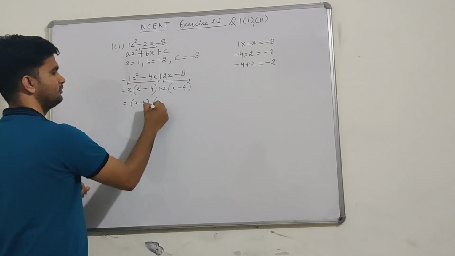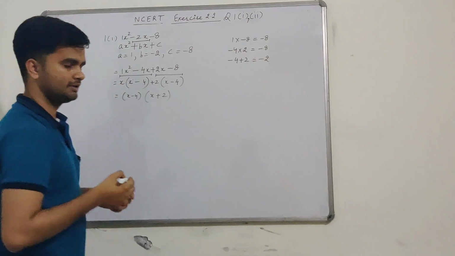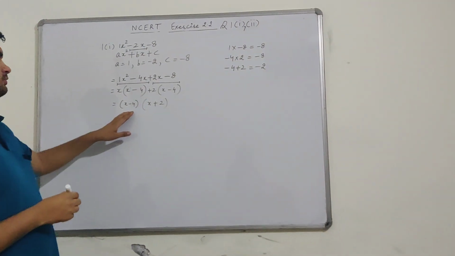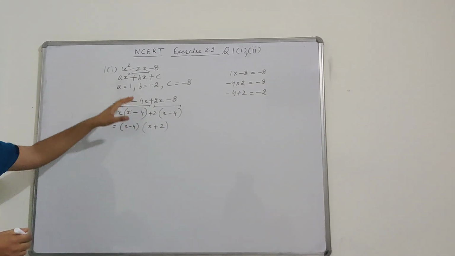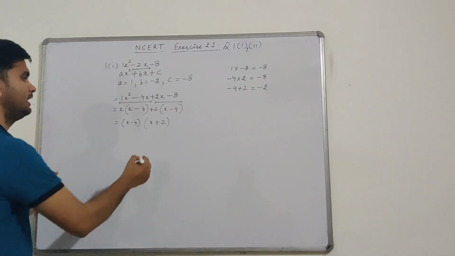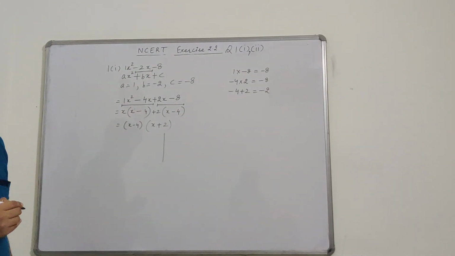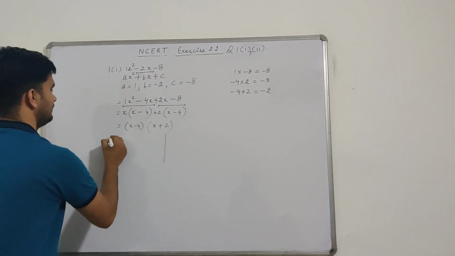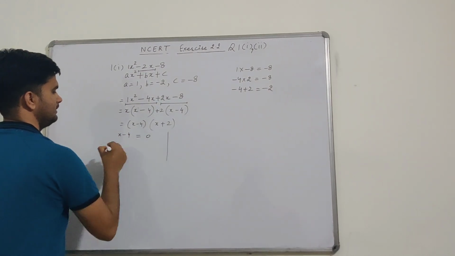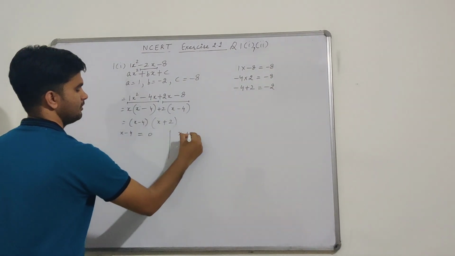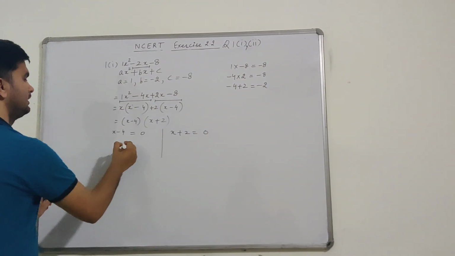Take x minus 4 common, then the remaining is x plus 2. So x minus 2, x minus 4 and x plus 2 are factors of this polynomial. And to find zeros of this polynomial, either x minus 4 is equal to 0 or x plus 2 is equal to 0.